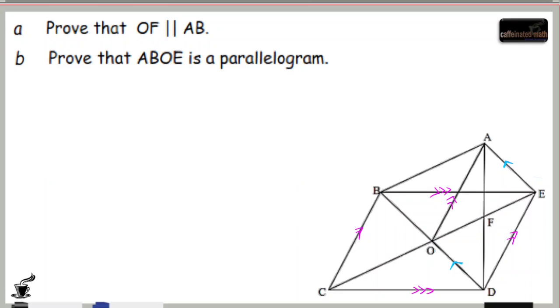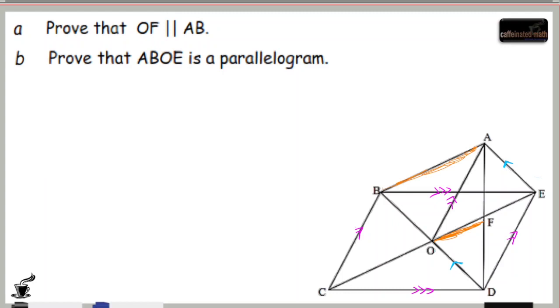Well, they want OF, that line segment over there, to be parallel to AB, which is that line segment right over there.